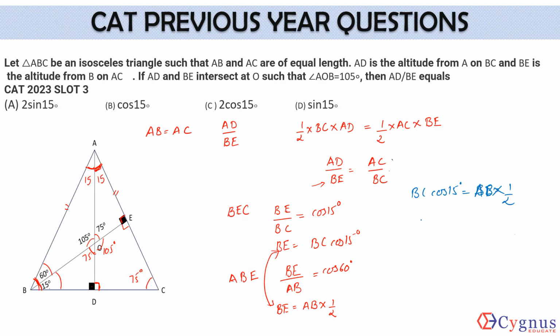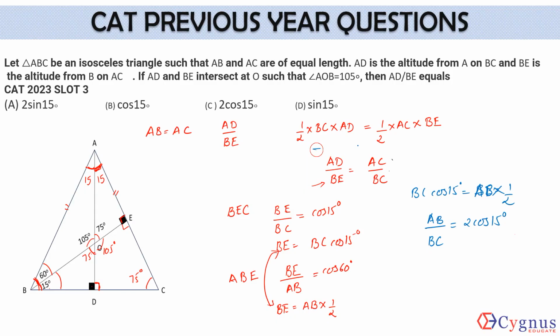Yes, so I'm looking for what? AD by BE. I'm looking for AD by BE. How do we equate this? This is AB. This is BC. Can we say AB by BC is equal to 2 cos 15?